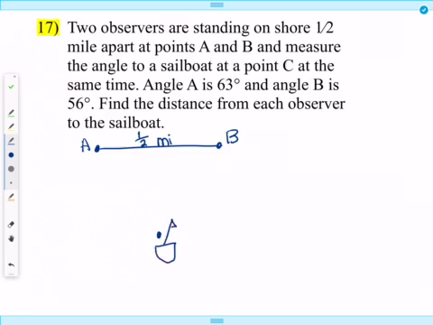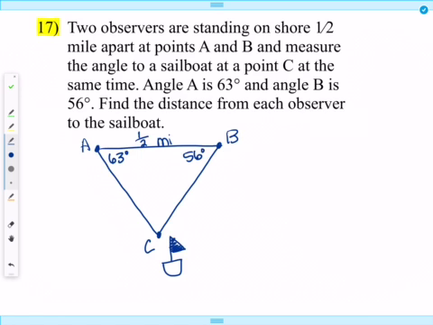You can draw yourself a cute little sailboat out here if you'd like to, and this is at point C. So completing that triangle, they tell us that angle A is 63 degrees and angle B is 56 degrees. And they ask us to find the distance from each observer to the sailboat. So this means we need to find this distance. I'm going to label it X, as well as the one over here, which I'm going to label Y.